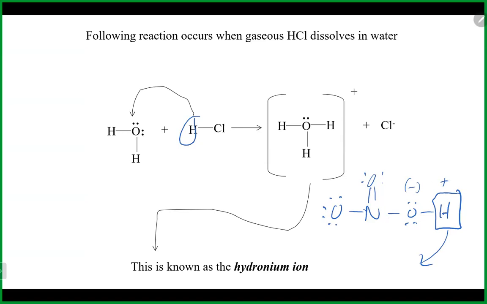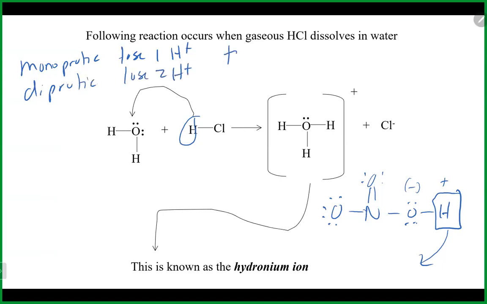There's certain acids that can lose one hydrogen, which are referred to as being monoprotic. There's diprotic acids that can lose 2 hydrogens, and there's triprotic acids that can lose 3 hydrogens.